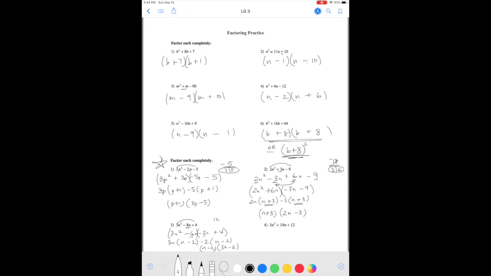And the last one here, we have 5n squared, 12, and then that times that is 60, and then we have 4 and 15 multiply to 60, and they add to 19. Now when I'm looking at this, I'll probably put 15 with this guy and 4 with this guy.